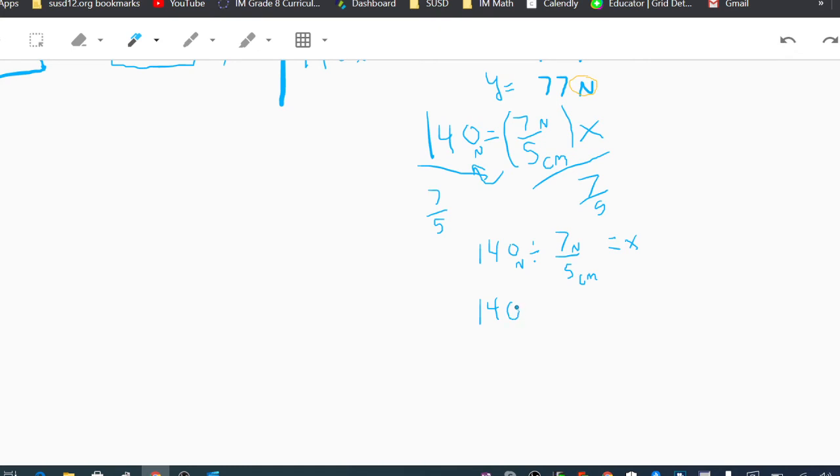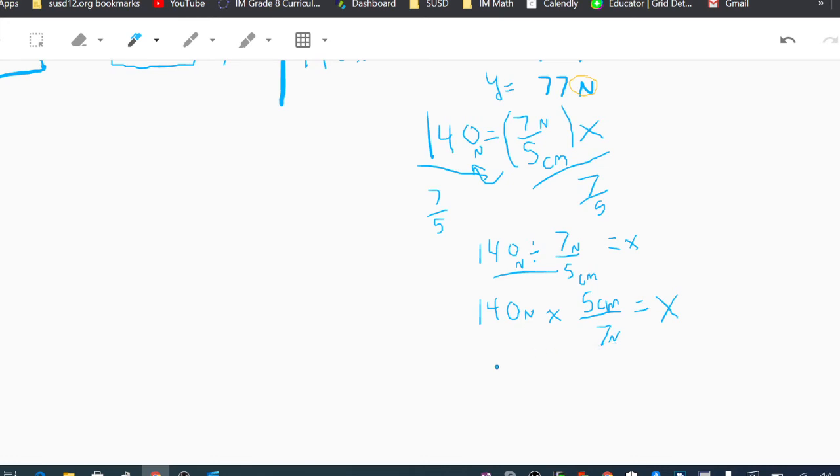Let me write that cleaner. There we go, 140 newtons. Now, divided by a fraction is equal to multiplying by the reciprocal. So the reciprocal is 5 centimeters over 7 newtons, and that equals x. If we have done this correctly, then the units will end up what we want them to be.